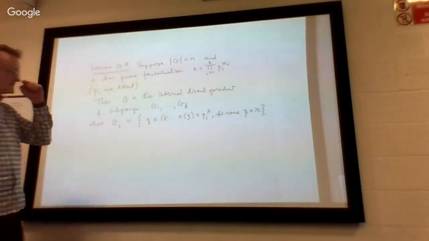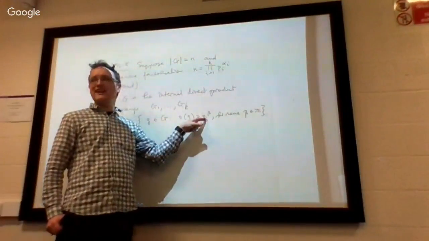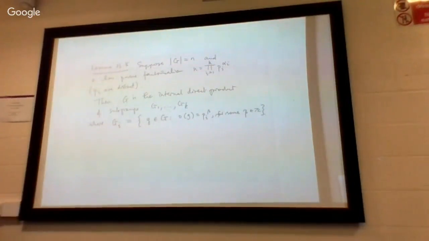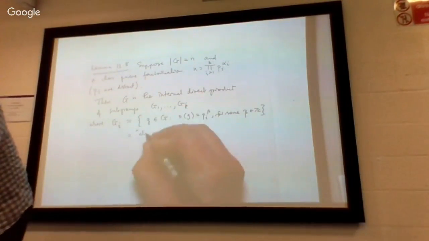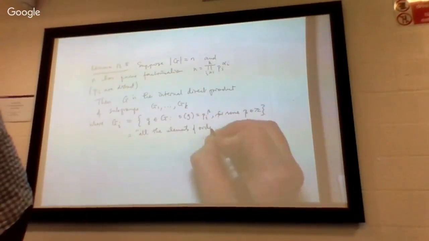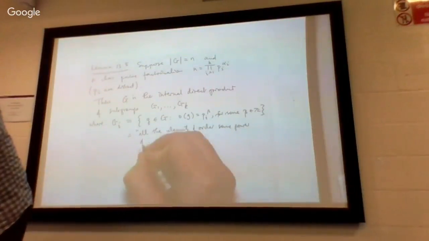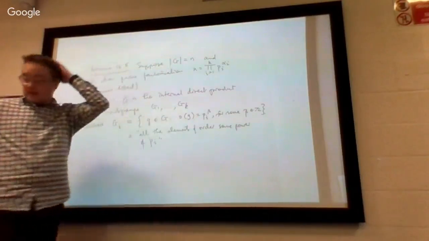So G_i is all of the elements of G that have order some power of the ith prime factor of the size of G, that is, all the elements of order some power of p_i. So we get one of these groups for each of the primes dividing it.